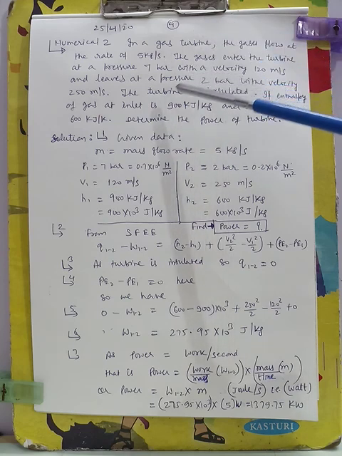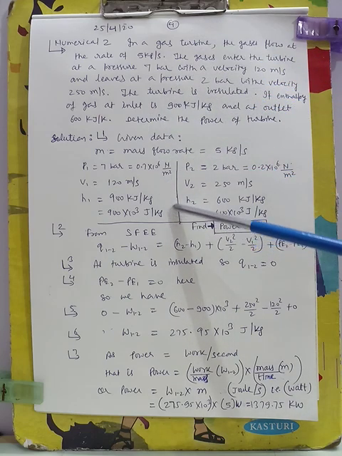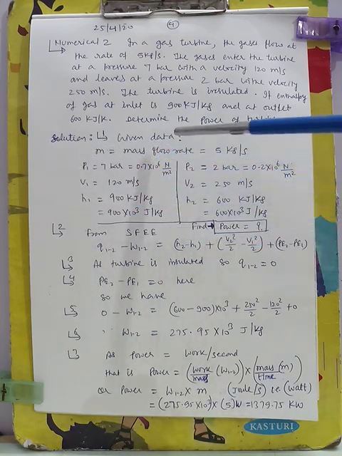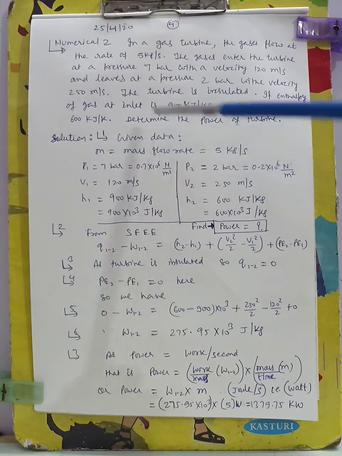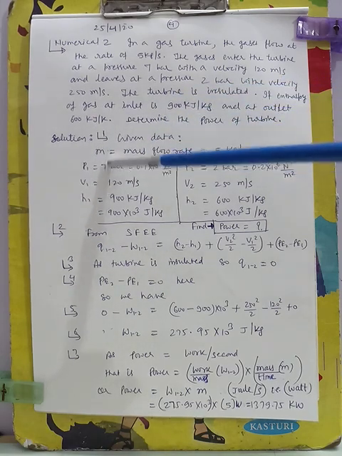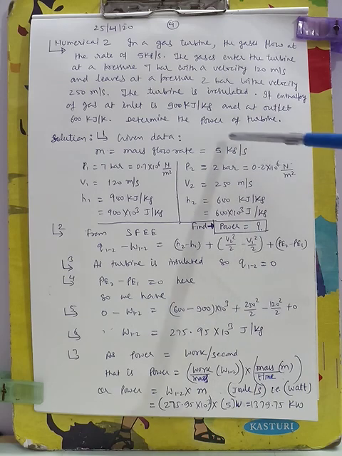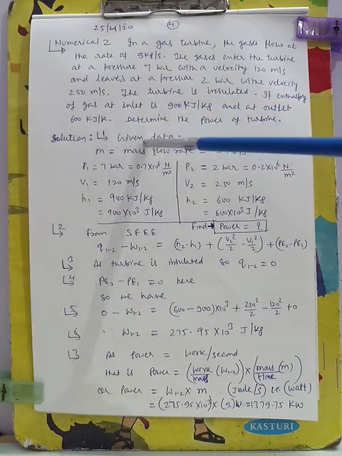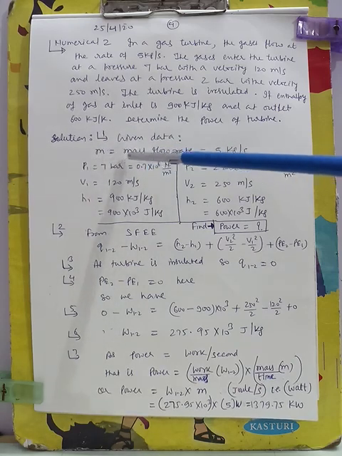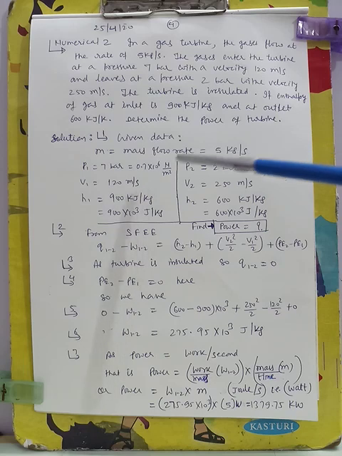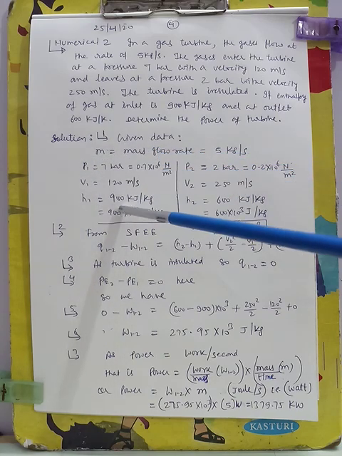And after that, let us note down the given data in a systematic manner. So I have given a partition here. Here I will write the data at the inlet. Here I will write the data at the outlet. And the common data I will write here. So step number 1, given data, m is equal to mass flow rate 5 kg per second. It is given here.